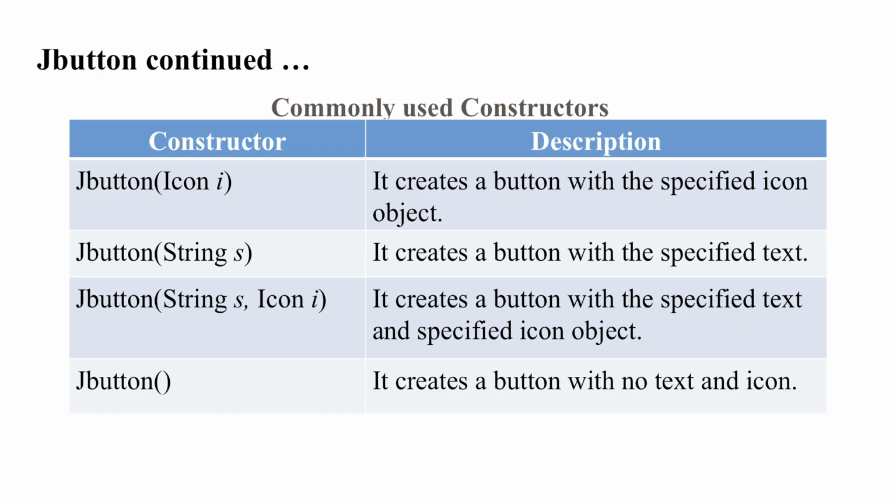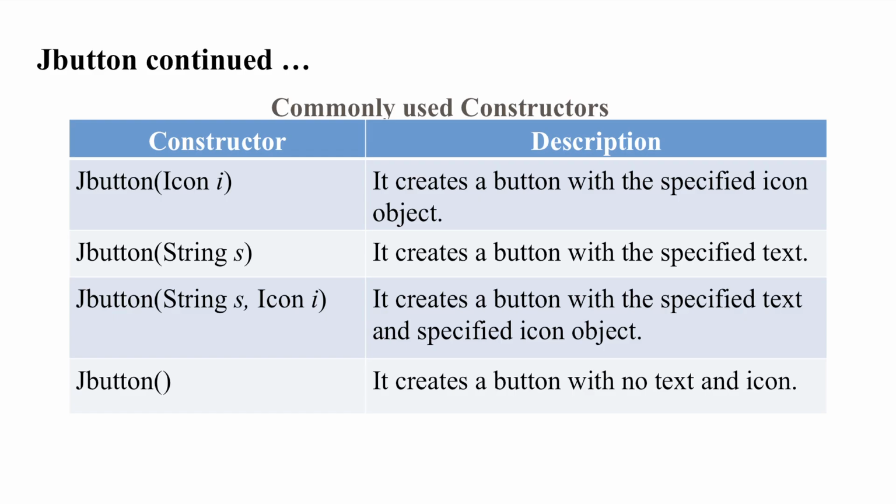Then we can have a JButton with a string, that is some specified text according to the user. Another constructor takes a string as well as an icon, meaning an image as well as a string. Then we can have a JButton with null, with no text, no icon, no image.